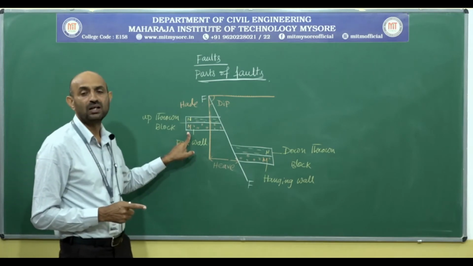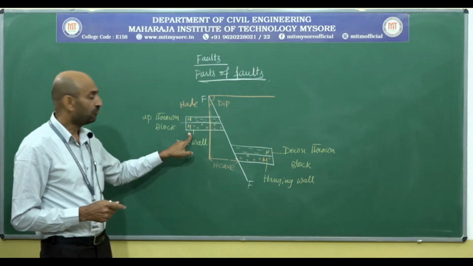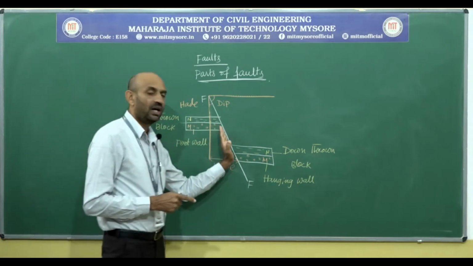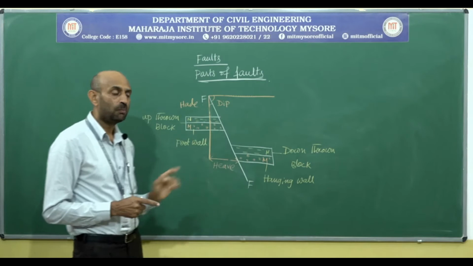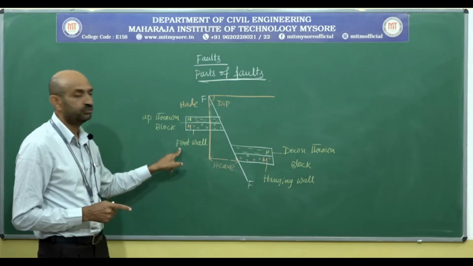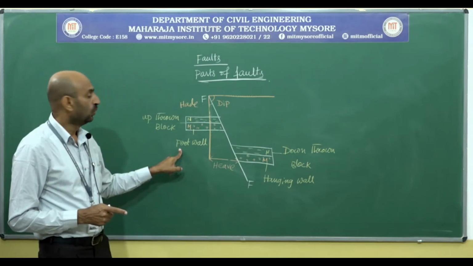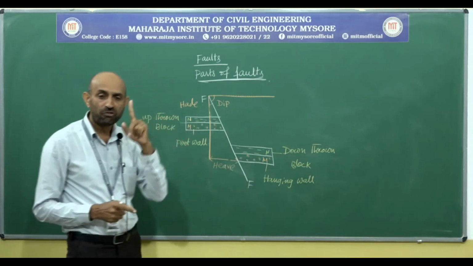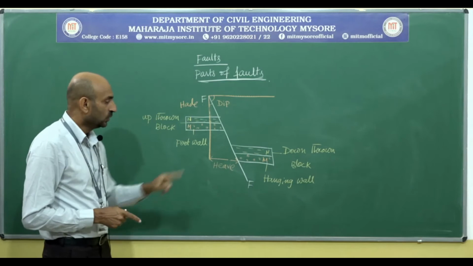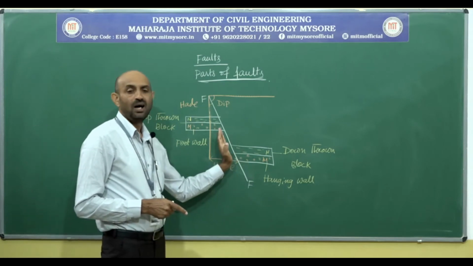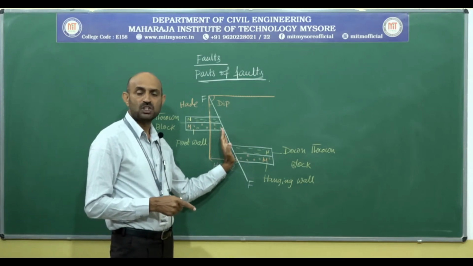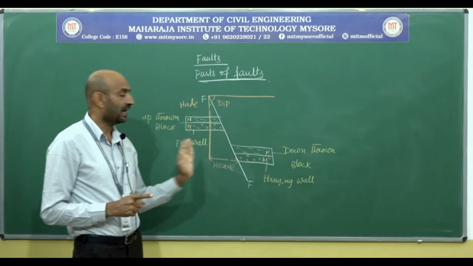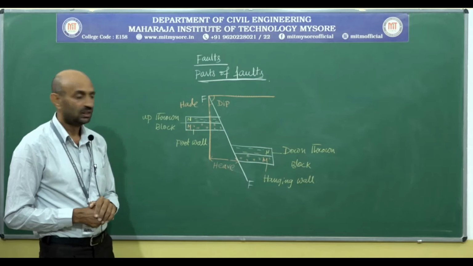What is footwall? The faulted block which lies under the surface of the fault plane is called as footwall. What is hanging wall? Again a faulted block which lies on the upper surface of the fault plane is called as hanging wall.